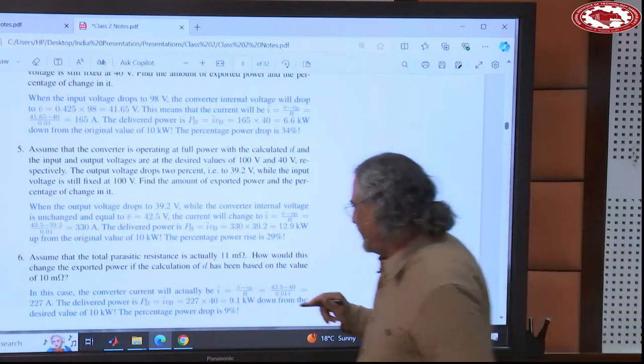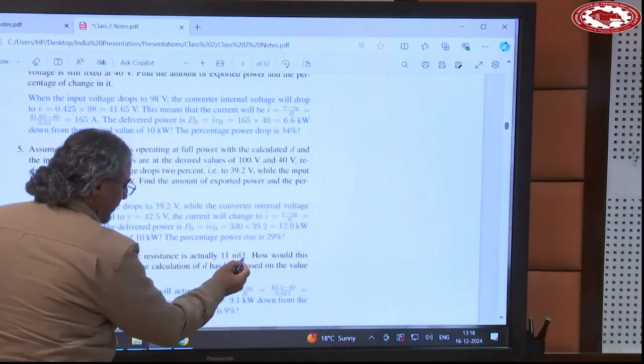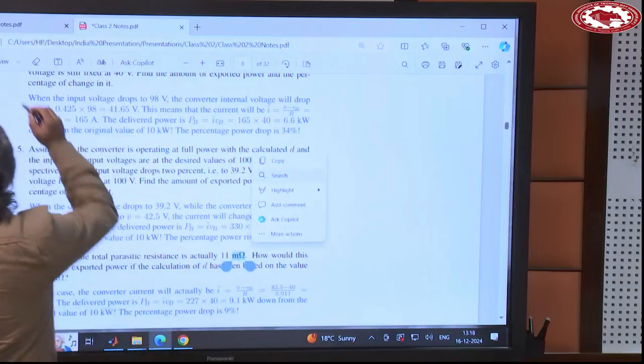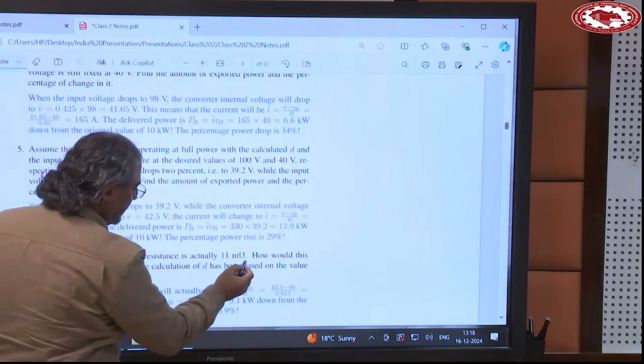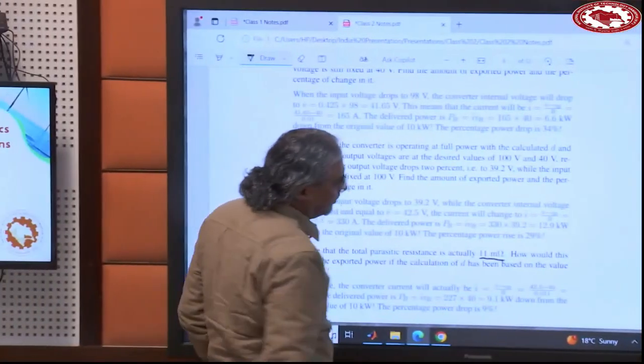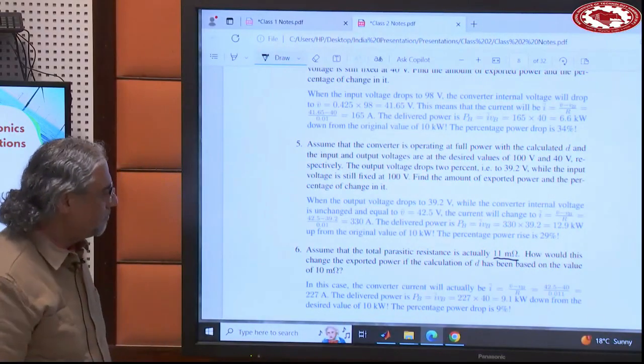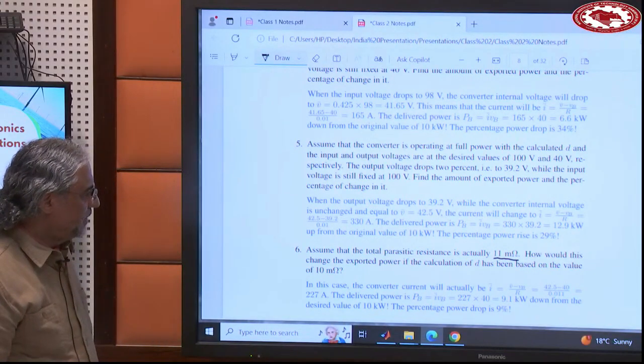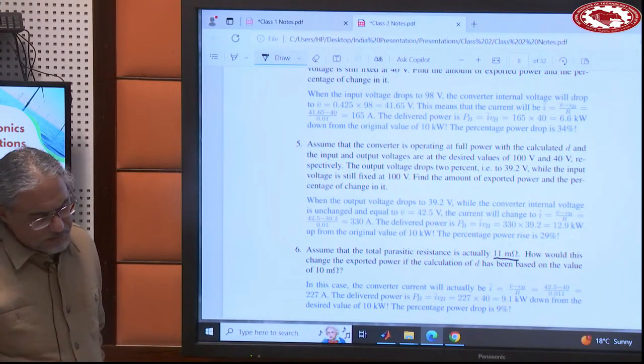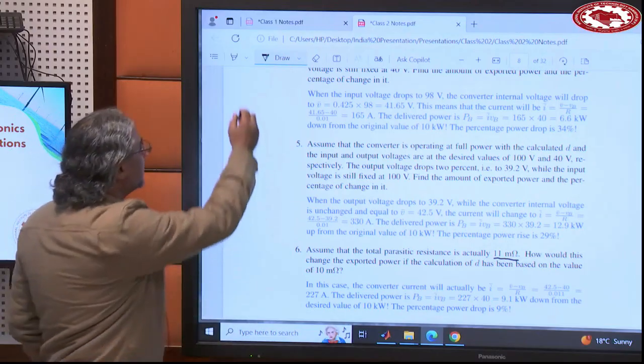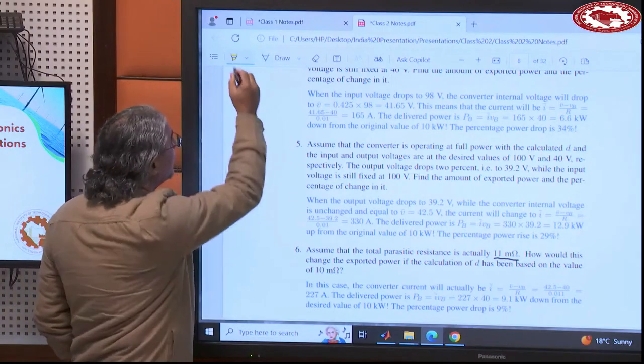Let's say now our resistor is, rather than 10 milliohm, 15 milliohm. Okay. We assumed it is 10, but it turns out to be, sorry, 11.